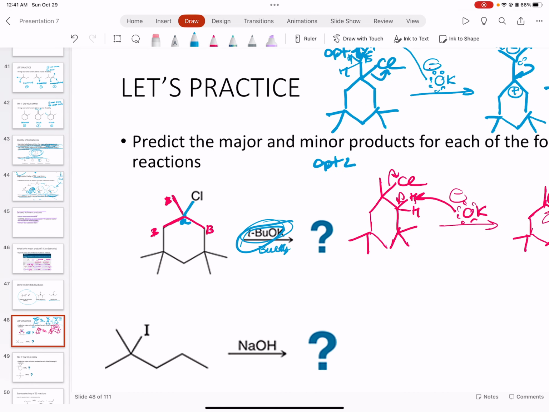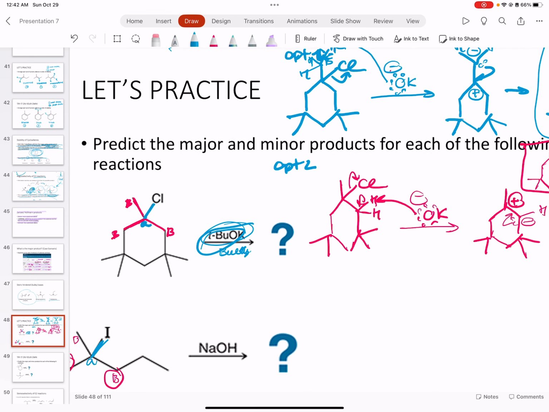So we can identify our alpha position. We have our alpha in here, and then we have a total of 3 betas, but 2 of them look the same, therefore we're just gonna end up with 2 products. So then we can either take from here and from here to get those 2 products.